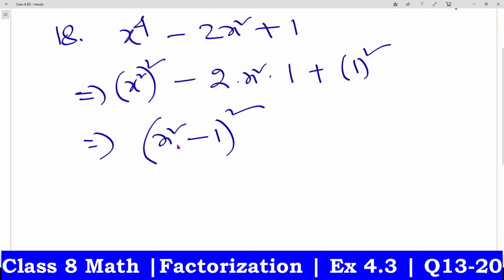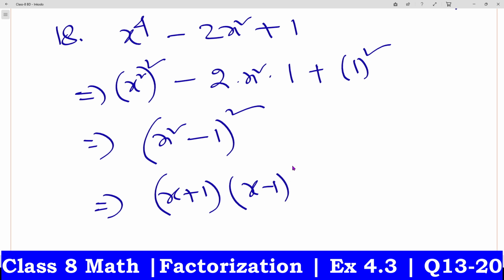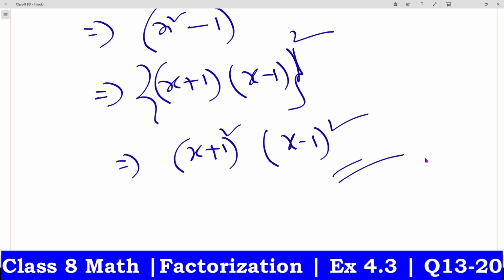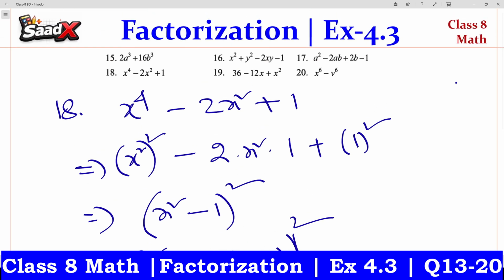So look, a square, x square minus 1, it's looking like a square minus b square. So this one we can write x plus 1, x minus 1 and then whole square. So finally we can write this one x plus 1 whole square and x minus 1 whole square. This is our answer. So number 18 done.